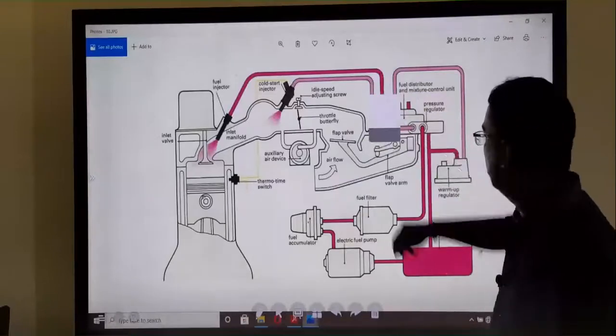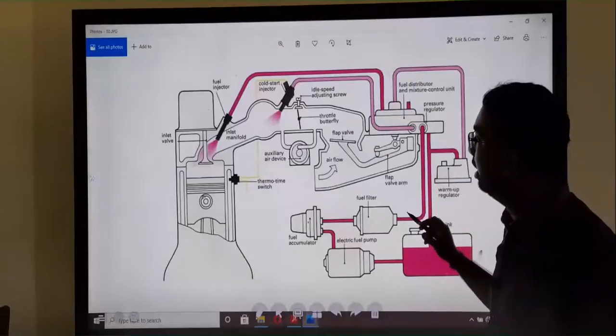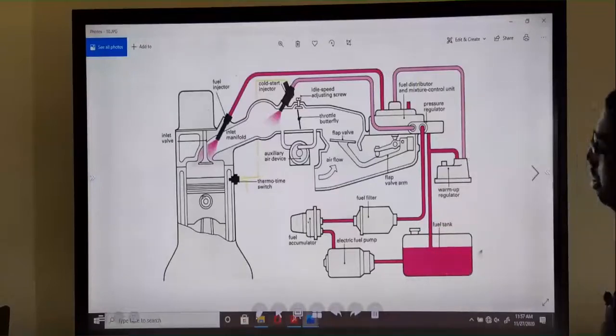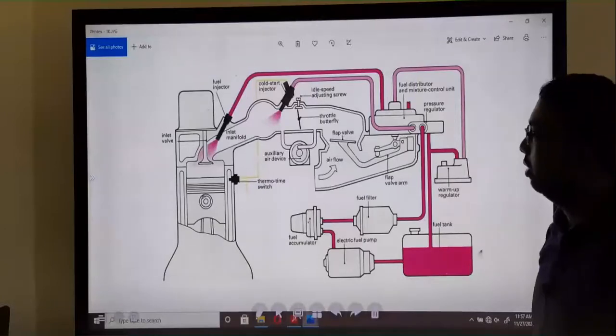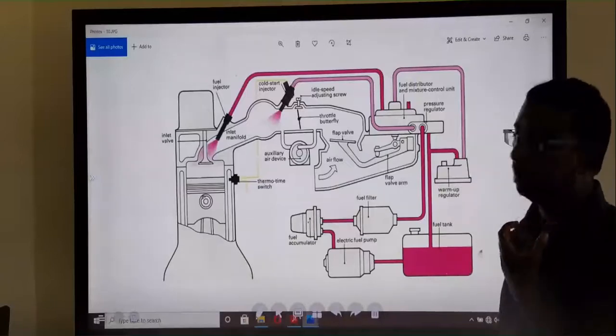So the warm up regulator also has another line. You can see this is like a choke. There are two injectors. In the carburetor we used the choke when it was cold.